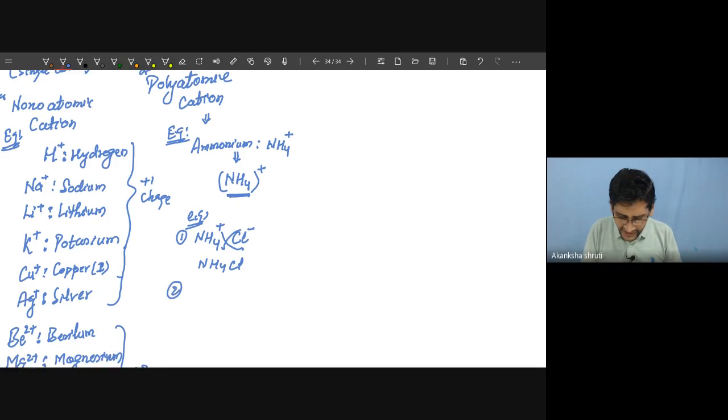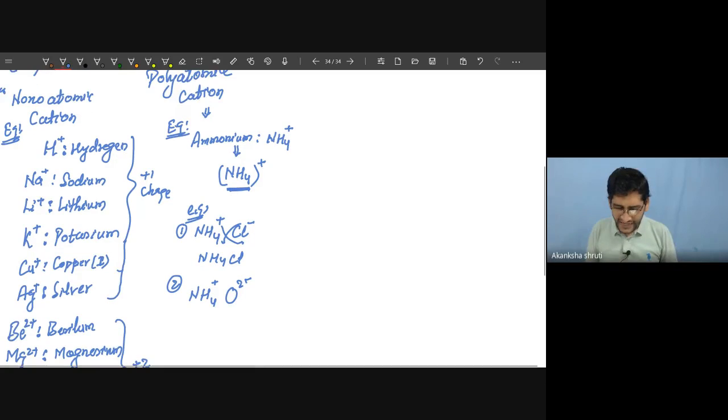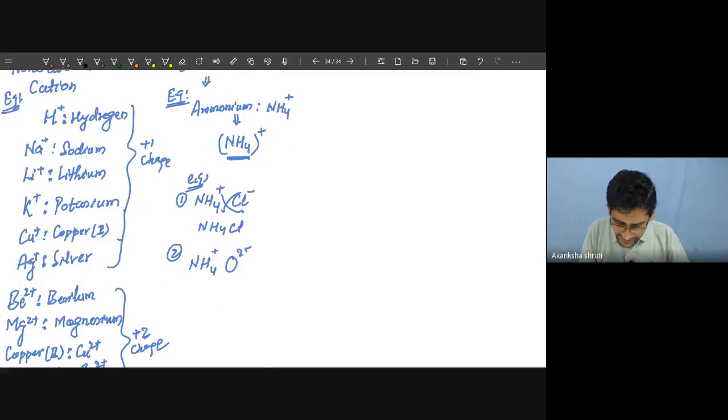If we are considering this ammonium NH4 plus combining with oxygen, which has 2 unit negative charge, then students, this 2 means for NH4 the valency is +1, but for oxygen it is 2.